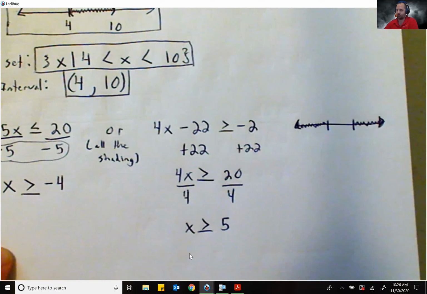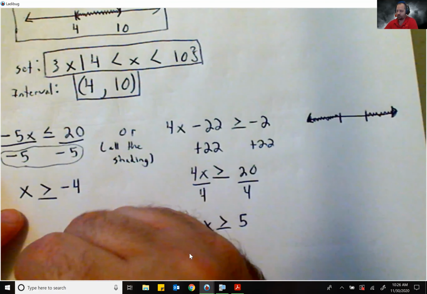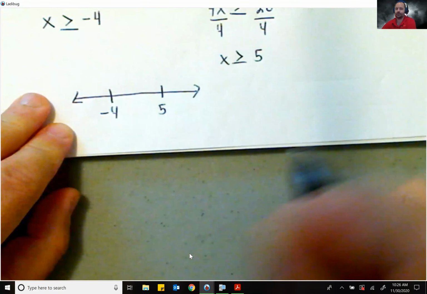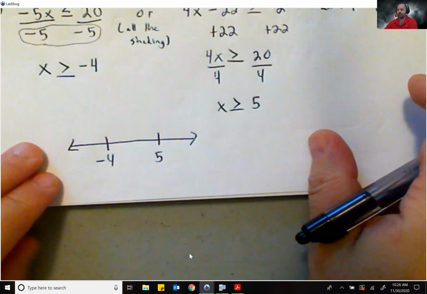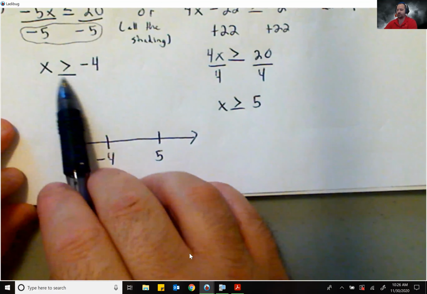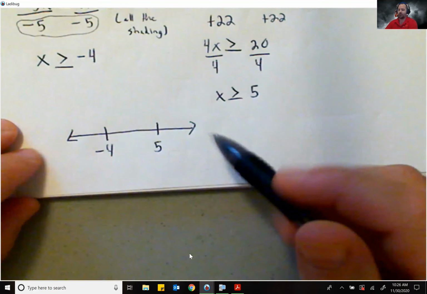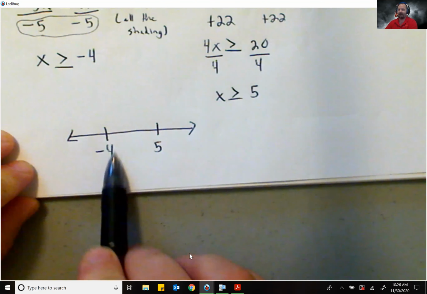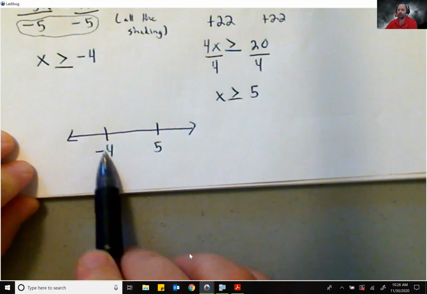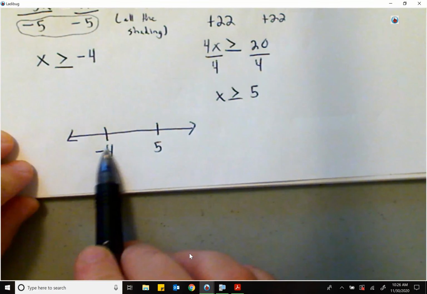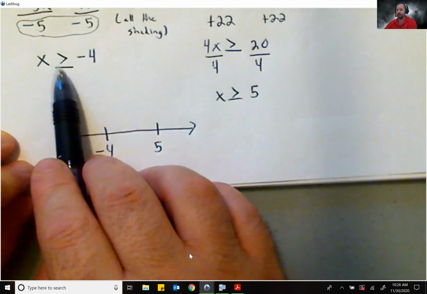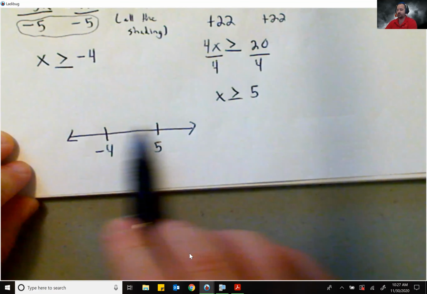All right, so let's do a quick shade. Again, I keep my number line very simple. -4, 5. So let's do this guy right here. X greater than or equal to -4. Bracket or parenthesis at -4? It's going to be a bracket, because it's equal to. Does it shade to the right or to the left?